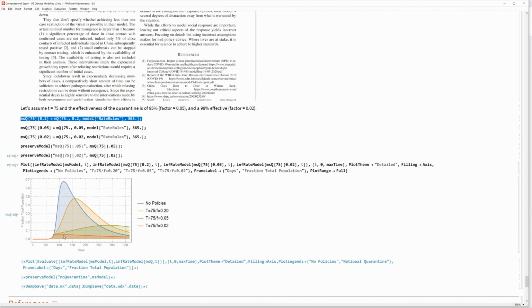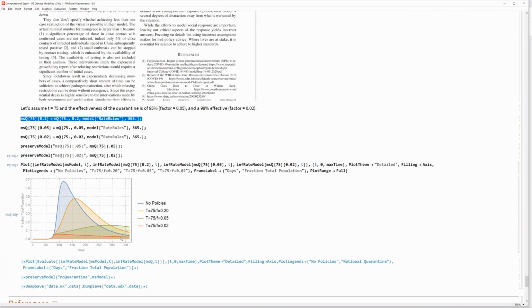But the most important thing is that if you make it really effective and enforce it, you basically nip this in the bud, right? And the reason this takes so long is the parameter we've been using from infected to recovered, which is very long, 83 days. We do not really know what those numbers of days are.